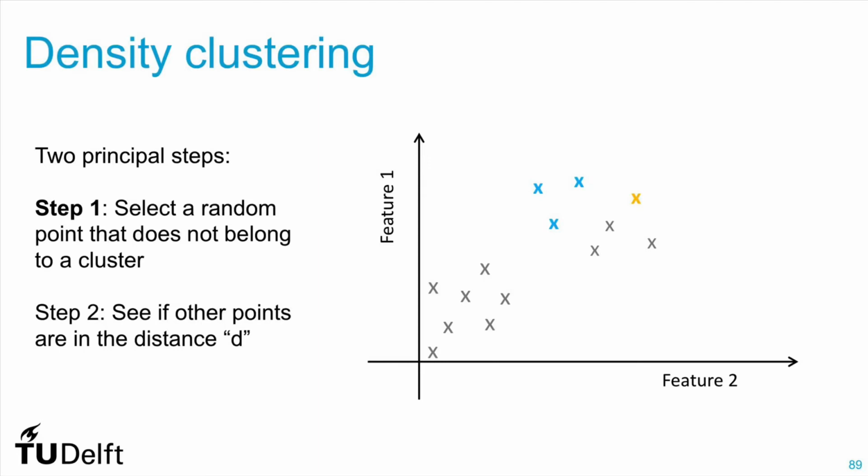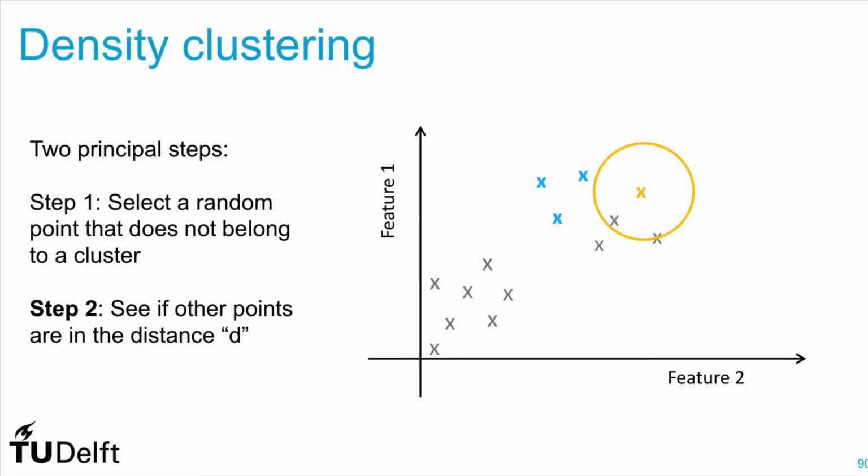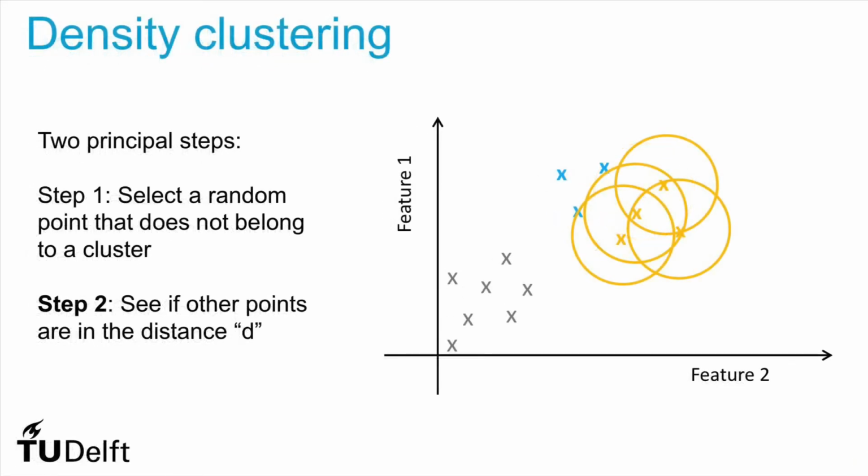So we select a random point that does not belong to a cluster, and then we check within a distance d whether there are other points nearby. In that case, we have one more point nearby.